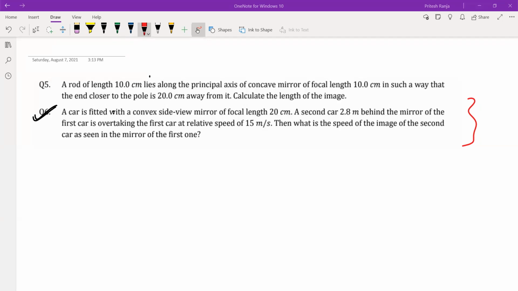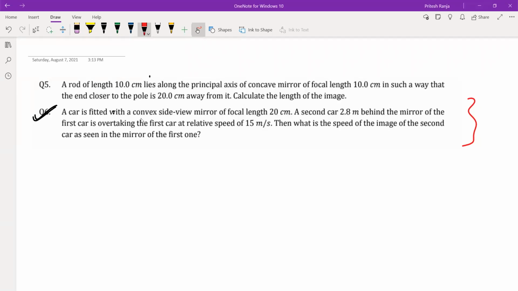Okay, quickly you will do. 0.67 approx. Okay, those who have got 0.67 or 66, okay, that's right.